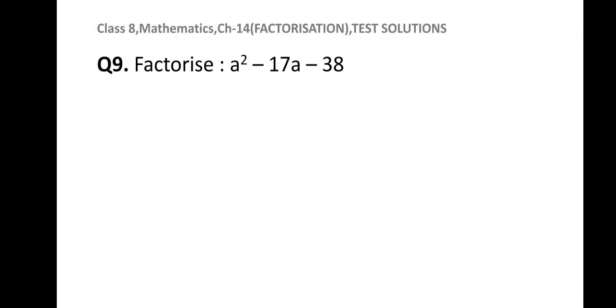Now question number 9. We need to factorize a square minus 17a minus 38. Dear children, as we do not have a perfect square in place of 38, if we would have been given a perfect square, then we would have used identity number 1, 2 and 3. So we are left with the last identity, that is identity number 4, that is splitting the middle term.